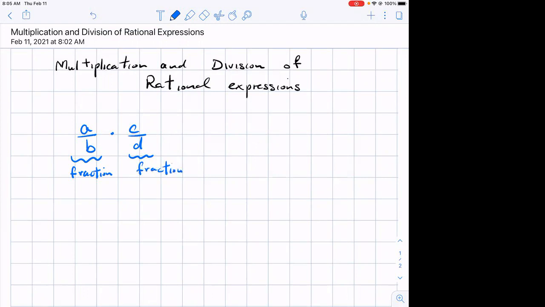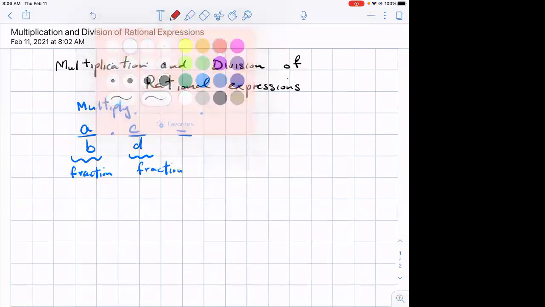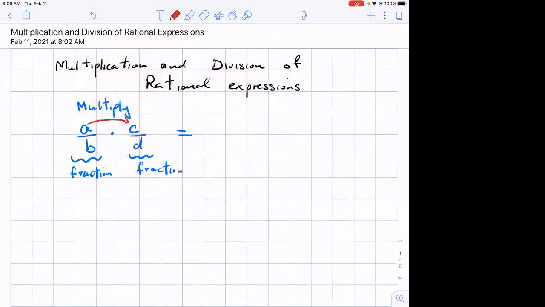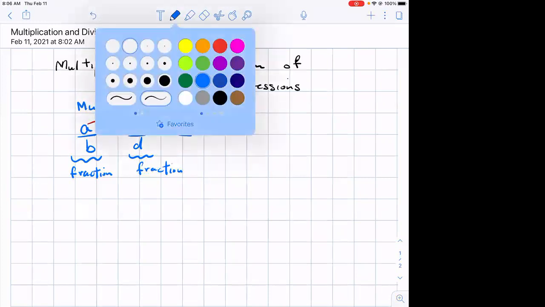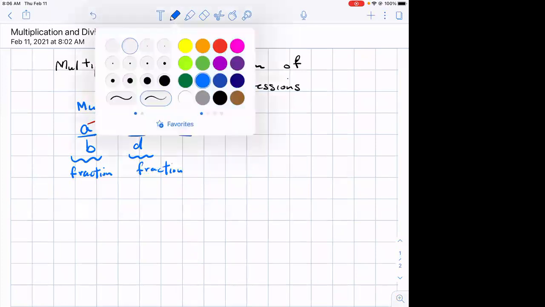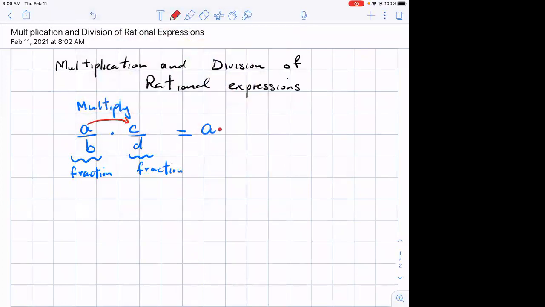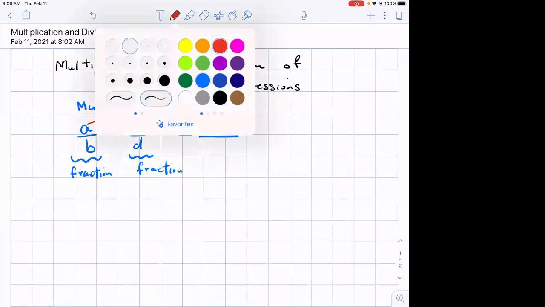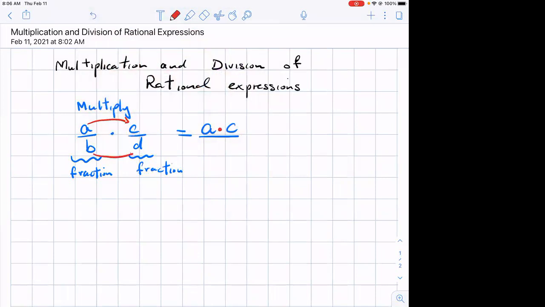And when we multiply, this is equal to A times C, we multiply the numerators, divided by, we also multiply the denominators.